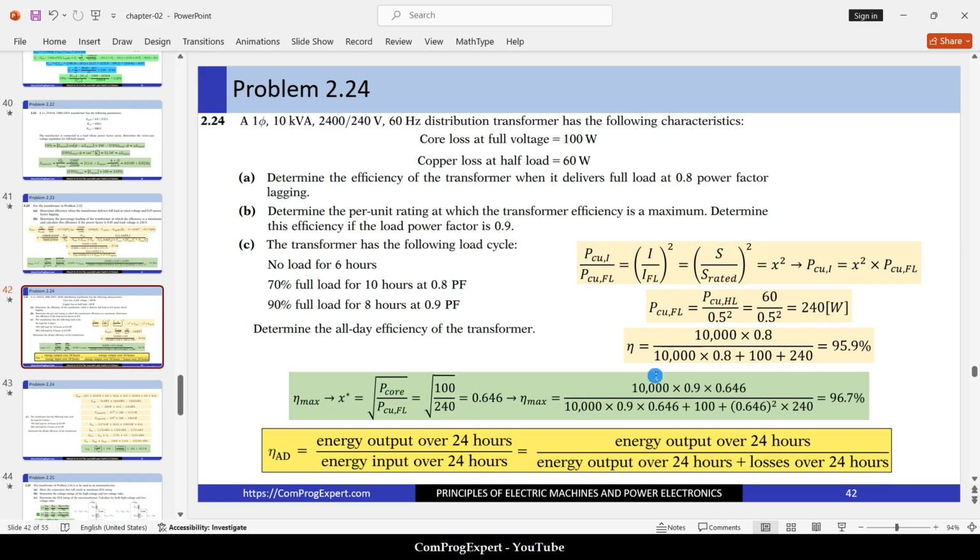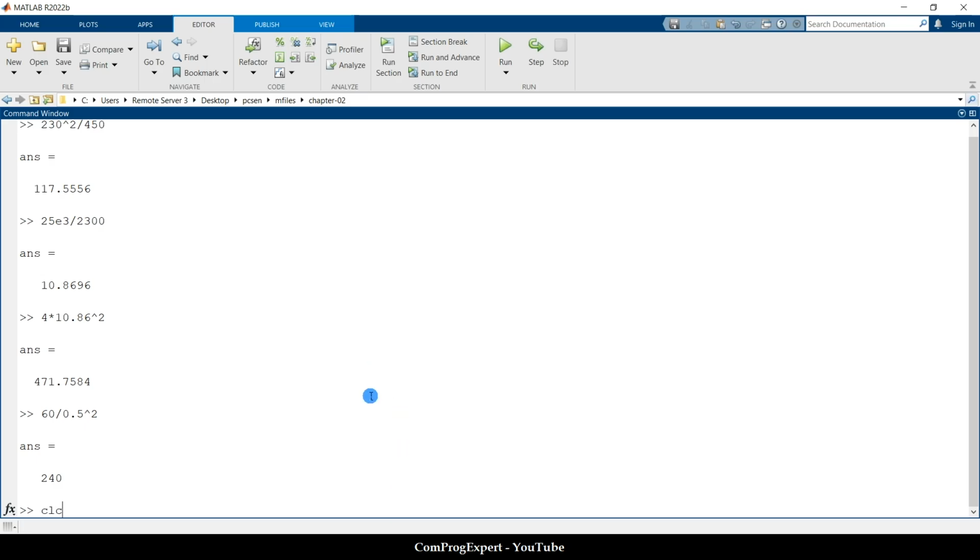And what is the value of the efficiency when the power factor is 0.8? The rated conditions, this is the S, 10 kVA times 0.8, that is the active output power, divided by the active output power plus core loss plus full load copper loss, that is equal to 95.9%. Okay, so let's repeat this calculation here.